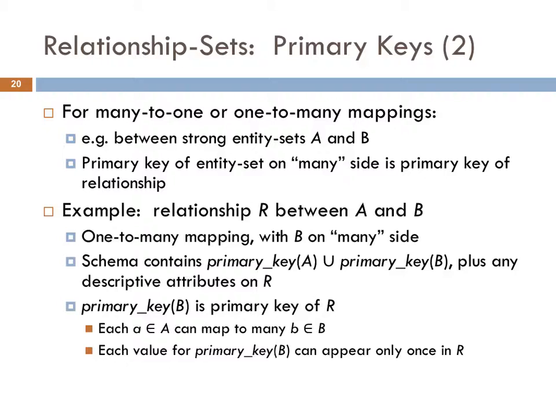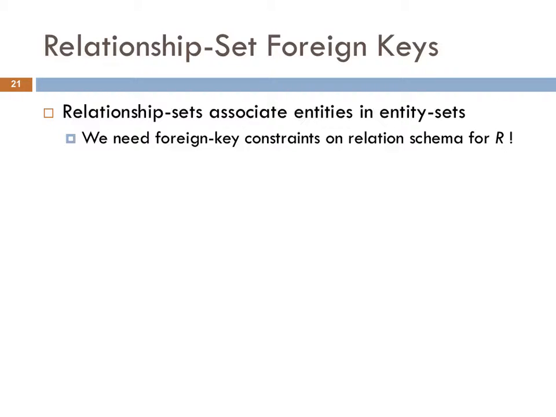Okay? So relationship R between A and B, one-to-many mapping with B on the many side. Schema will still contain the primary key attributes from both sides. It has to. But then primary key of B is the primary key of R. It's on the many side. Those values can only appear once. Okay?